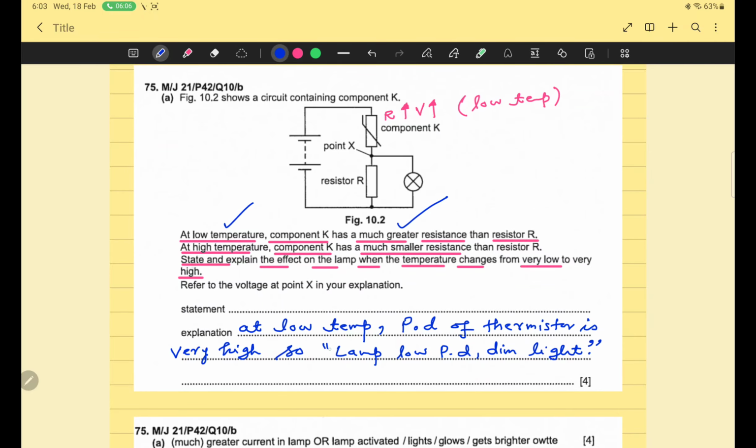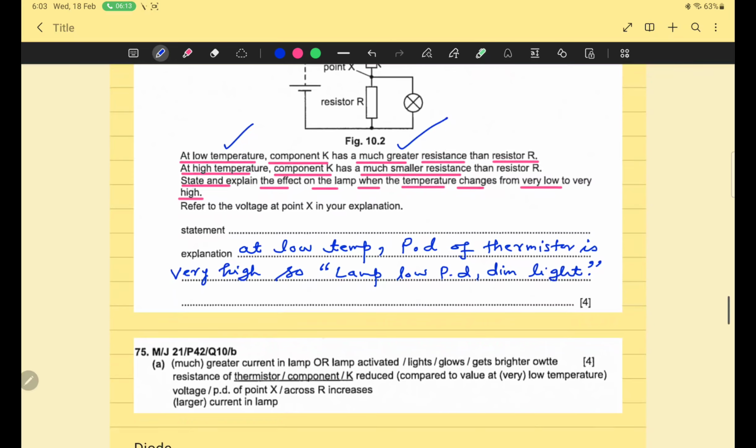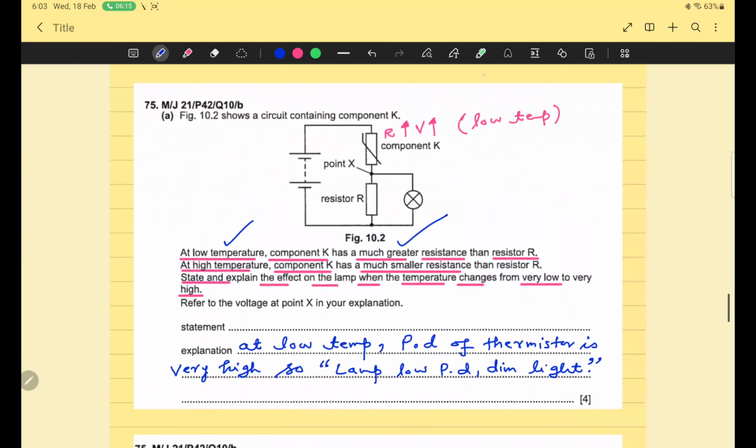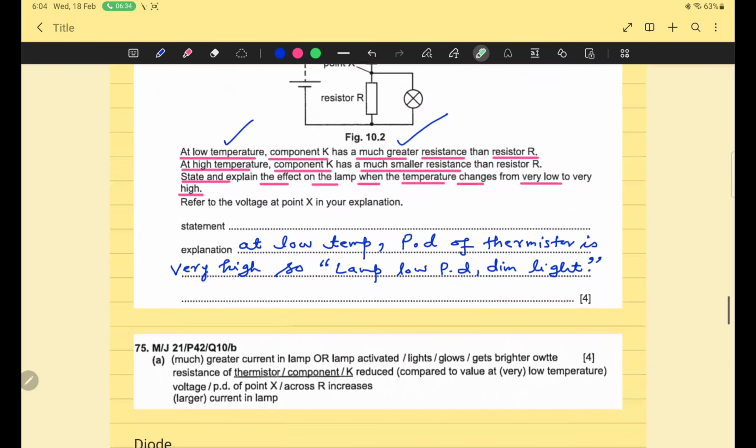At low temperature, the resistance of the thermistor is high, so the voltage of the thermistor will be high, so the lamp voltage will be low, and if the lamp voltage is low, then it has dim light.